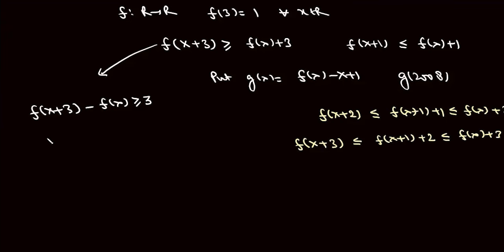So from this second condition, we get the inequality f(x+3) − f(x) is less than or equal to 3.